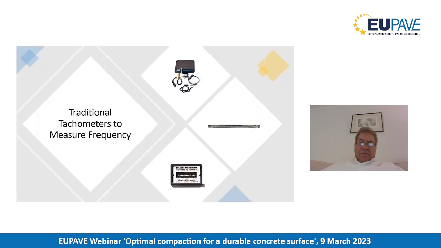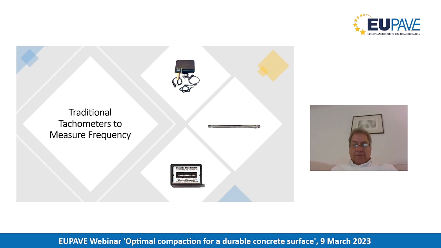Moving on now to the vibrators and the various methods of testing the frequency. The traditional tachometers for measuring frequency, I'm showing 3 here. The middle one is the pencil, the least expensive and the least accurate.